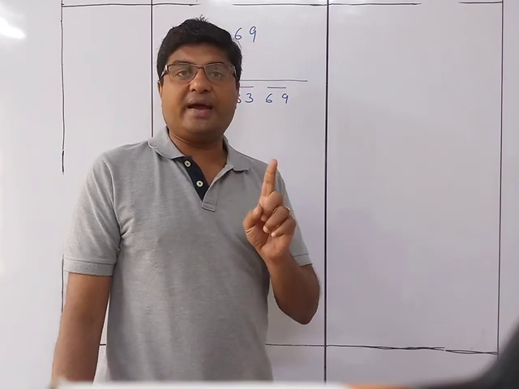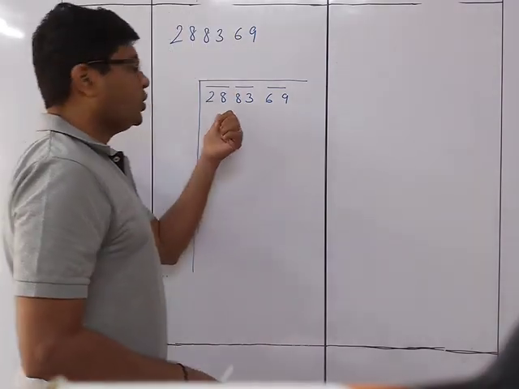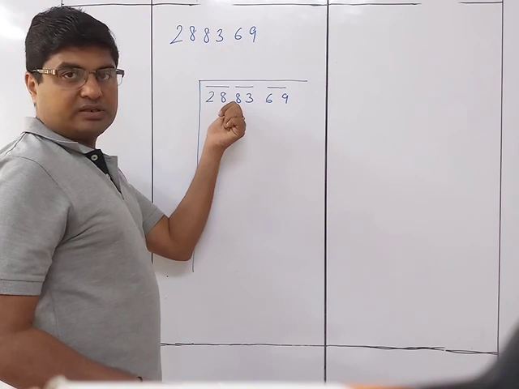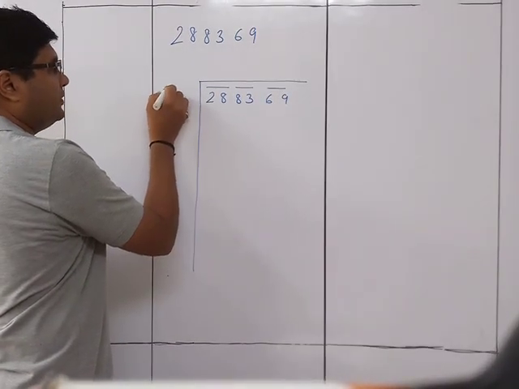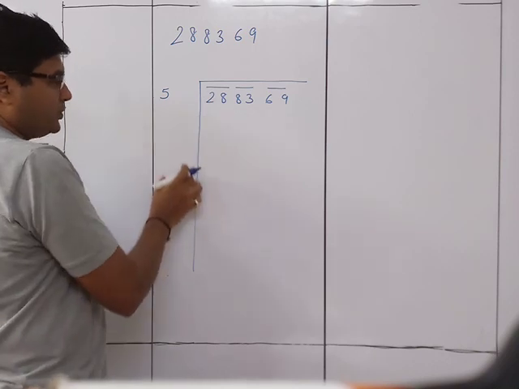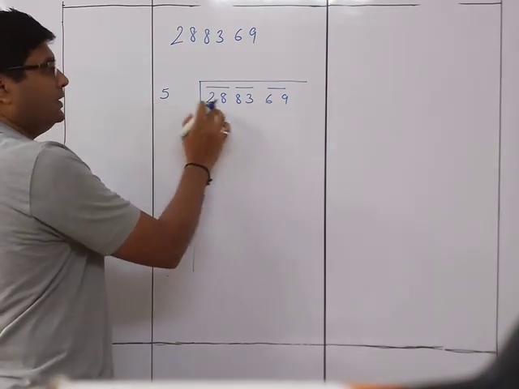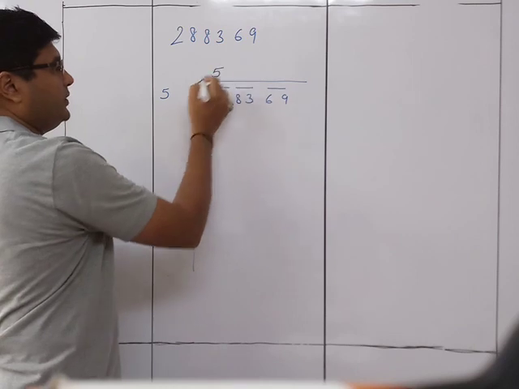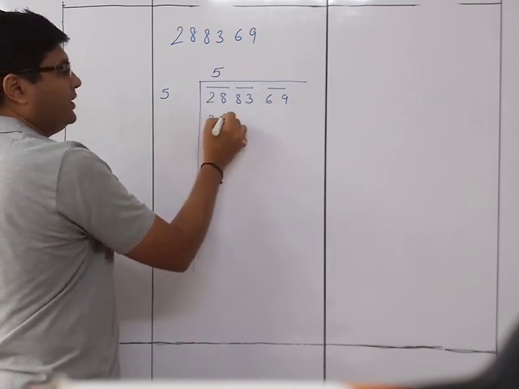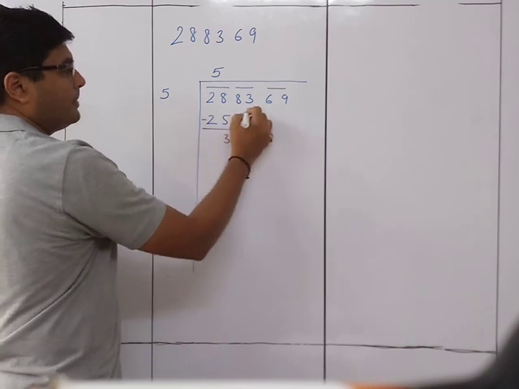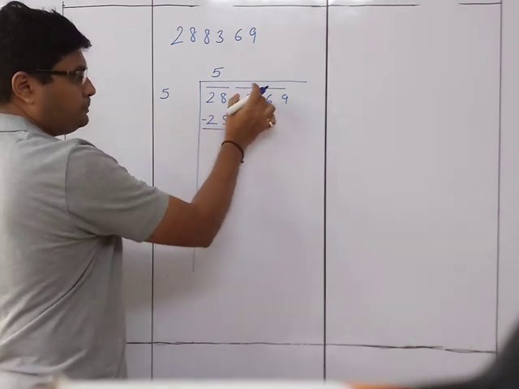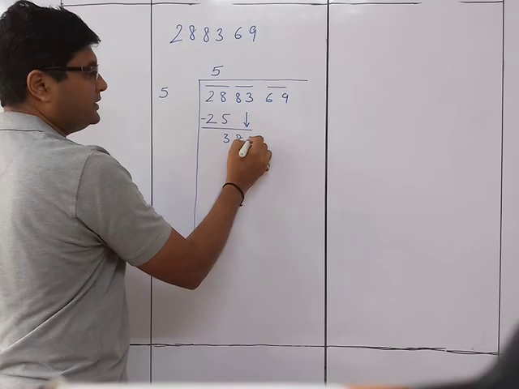So the square of 5, 25, is the largest before this. Accordingly, I'll write 5 over here, keeping some space because numbers are going to come here. You know that 5 fives are 25. You put this 25, subtract it, get 3, and bring this pair, 83, down. So it will come as 383.